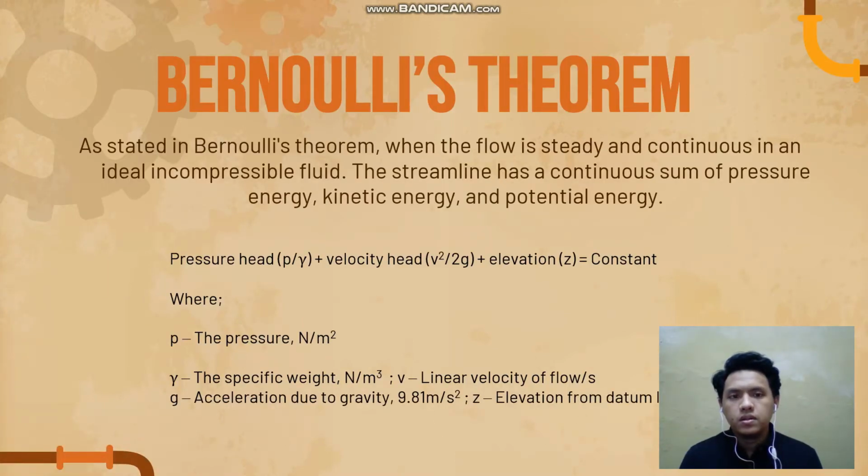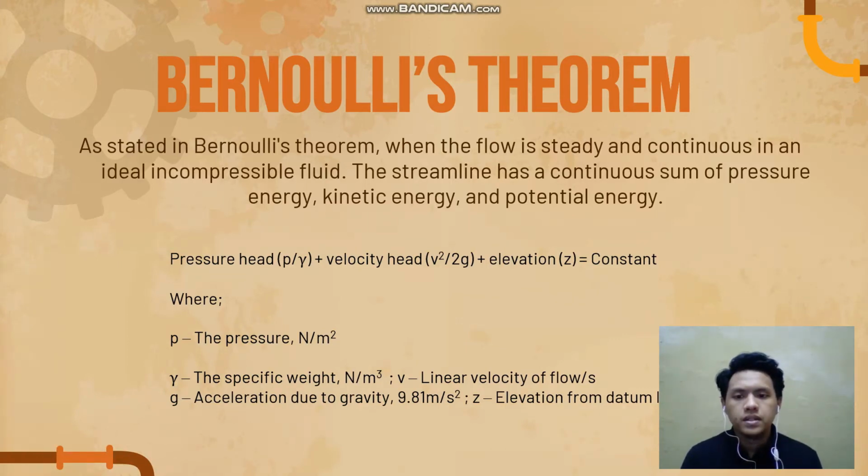As for the Bernoulli theorem, it states that when the flow is steady and continuous in an ideal incompressible fluid, the streamline has a constant sum of pressure energy, kinetic energy and potential energy.